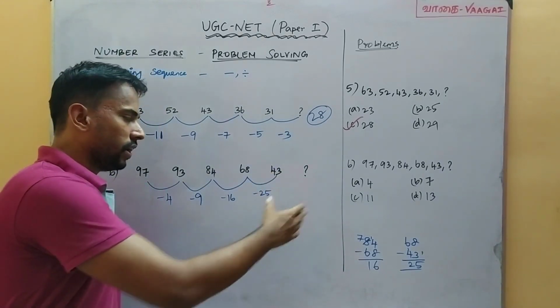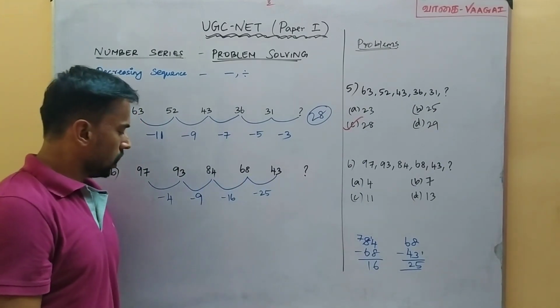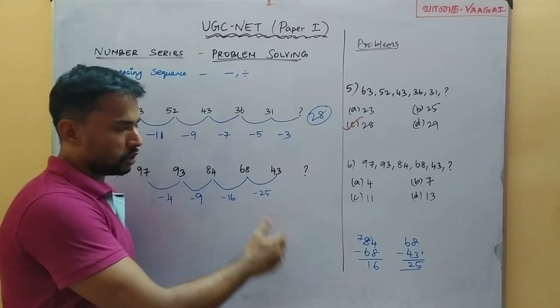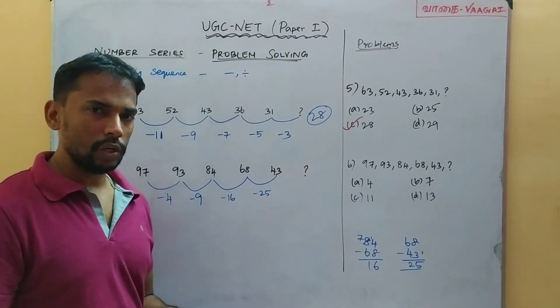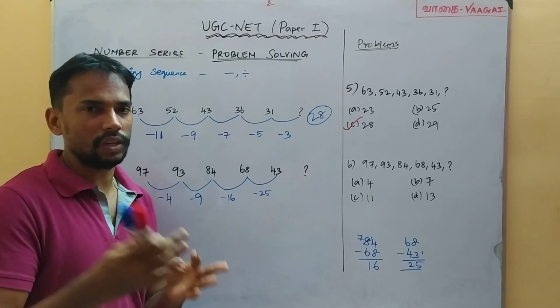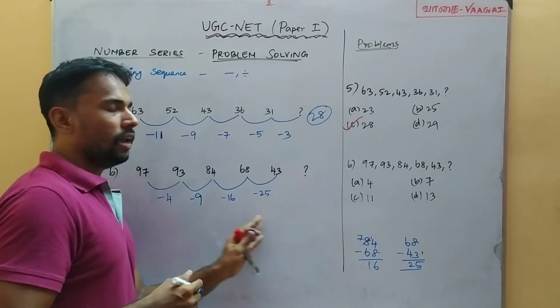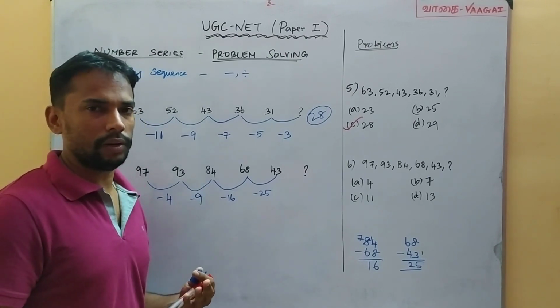Now let us try to find the pattern. What pattern is followed here through the subtraction process? So minus 4, minus 9, minus 16, minus 25. I think you are able to catch what pattern is followed here. This is the reason we need to revise squares and cubes. That I have already insisted on. These numbers are none other than square numbers, right? This we have already seen in our fundamental session.